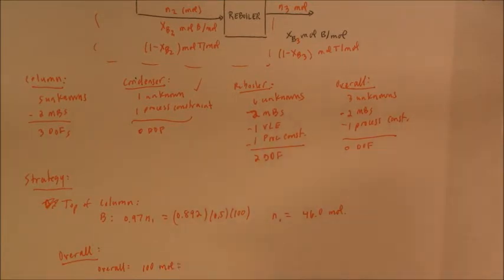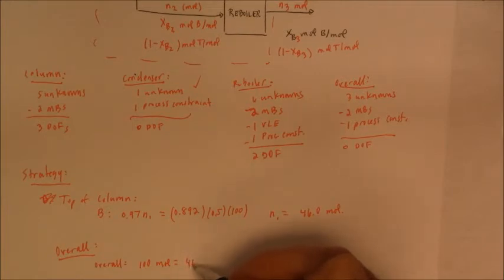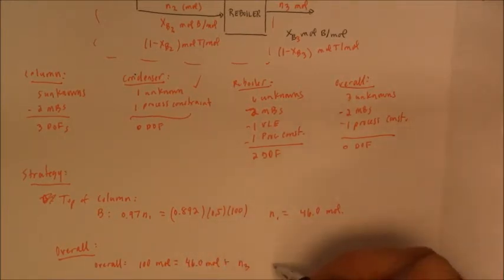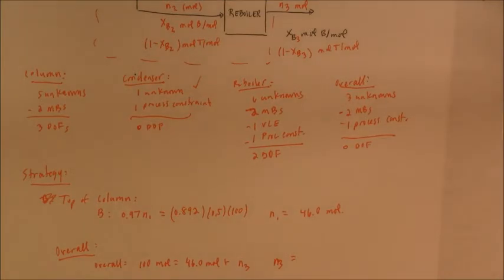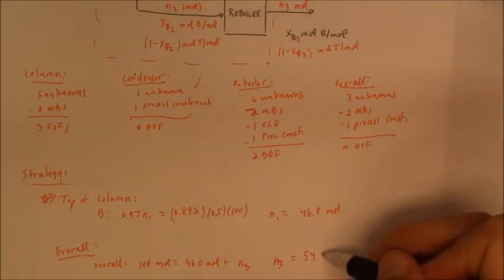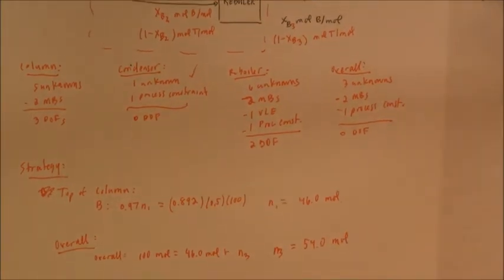So 100 moles equals, coming out of the top is N1, which I have solved for, 46.0 moles, plus N3. So here I can solve now N3 equals, again, I don't need my calculator, so I'll go ahead and solve this, 54 moles.